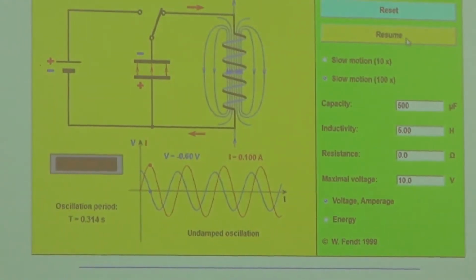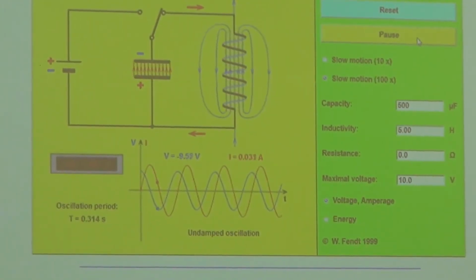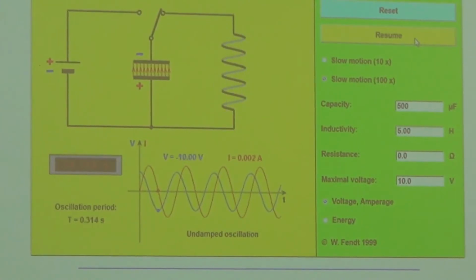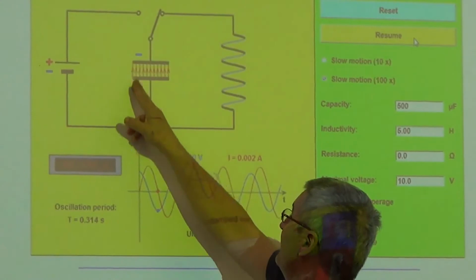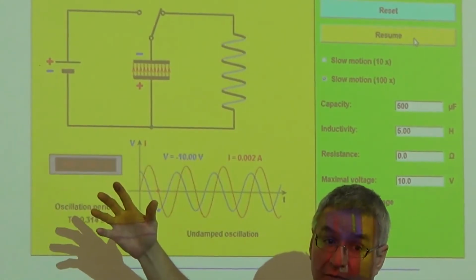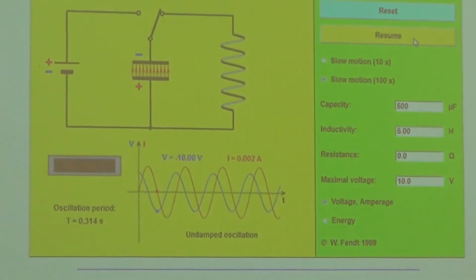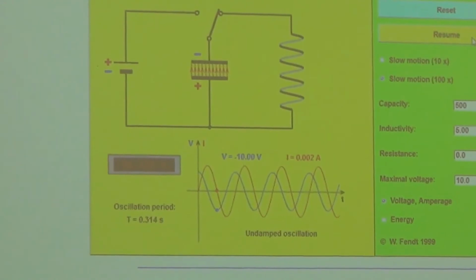So then if I resume, all of the energy from the magnetic field is now getting transferred back to the electric field. But now you can see that this guy's oppositely charged. So that's half the cycle. Now it's got to go back.